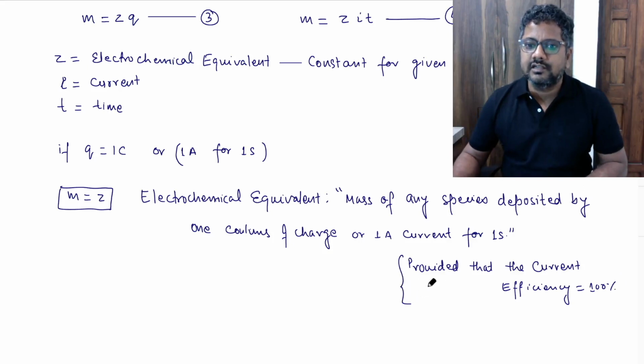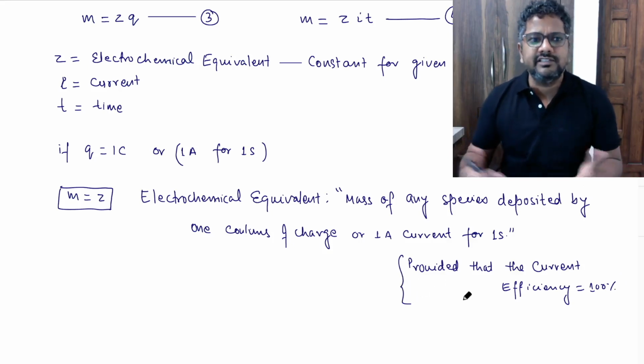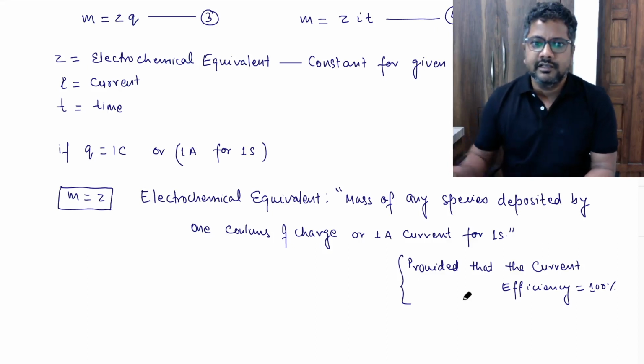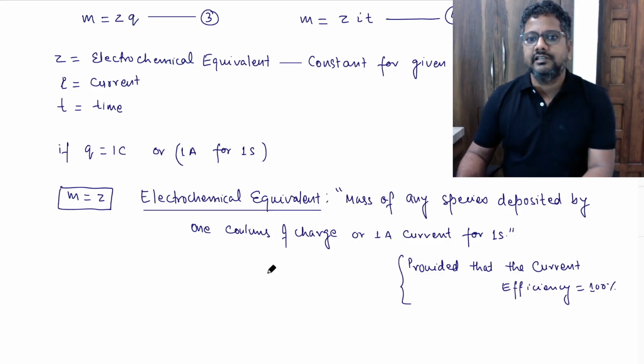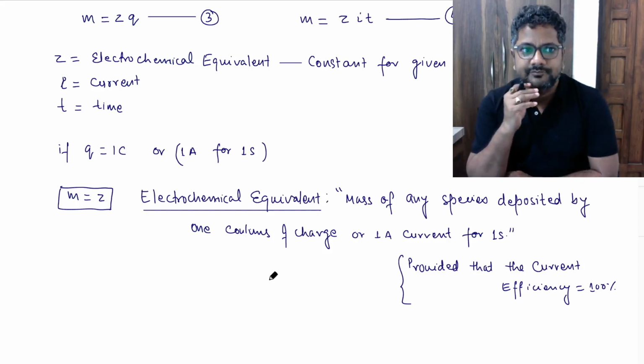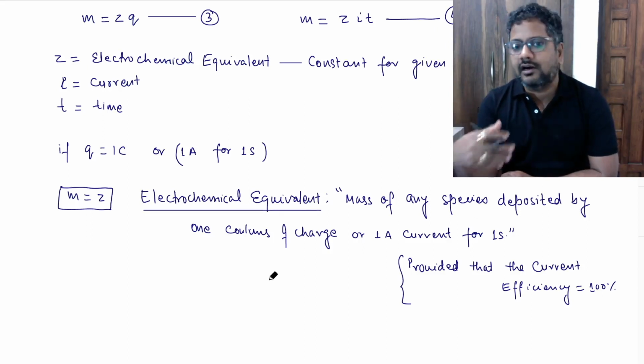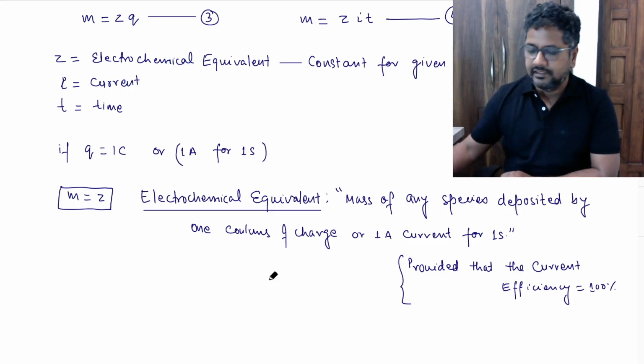This is the understood condition here. If nothing is mentioned, then it means we are considering 100% current efficiency. So electrochemical equivalent is defined as the mass of any species deposited by 1 coulomb of charge or 1 ampere current for 1 second, right?